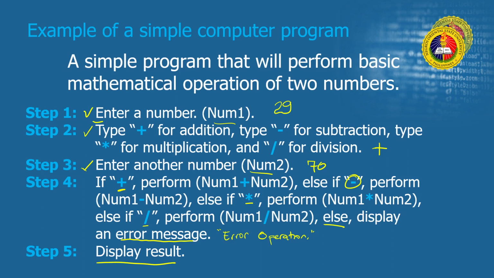So if we're going to give this instruction to our computer, obviously our computer cannot understand this because this is using human language. Now, we'll have to talk to our computer in a way that the computer will understand us, and that is a computer programming language. A computer programming language, or a programming language, is a set of rules that guides the computer what operations to execute.